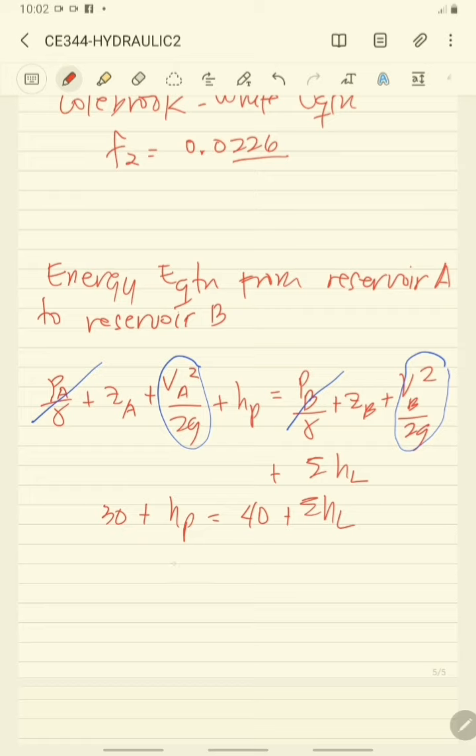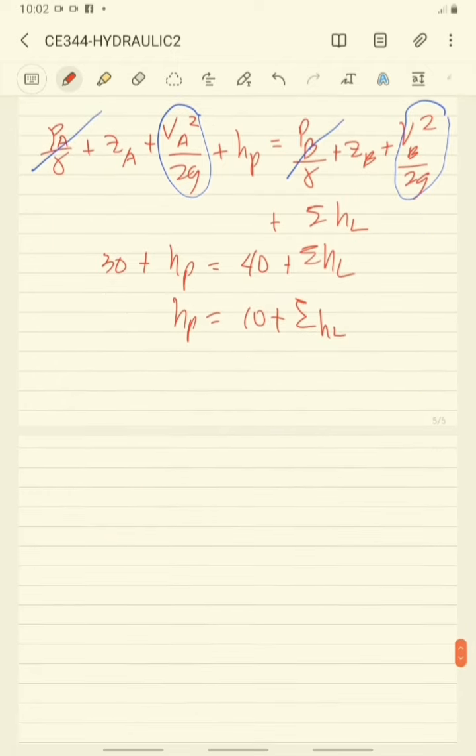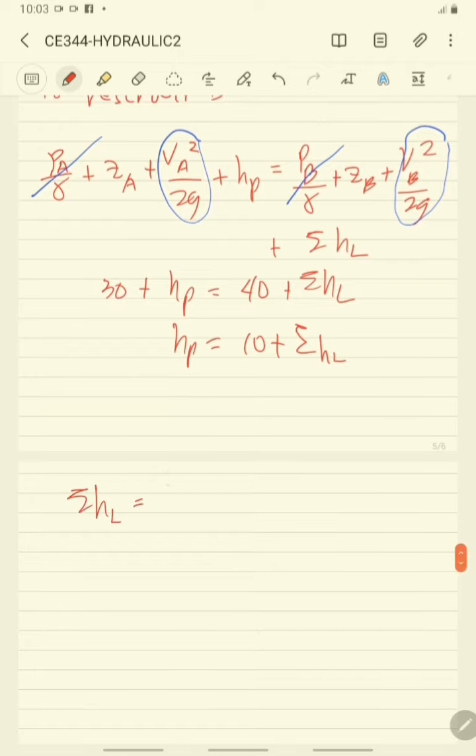We neglect the velocity heads at reservoirs A and B, because compared to the pipe, they are negligible; the velocity in the reservoirs is lesser than the velocity in the pipe. So we have our equation for the head of the pump, that is equal to 10 plus the summation of head loss. For the head loss, we have 2 types, so we have to add all the head losses: the minor losses and the major losses. So we have the head loss for minor and the head loss for major.